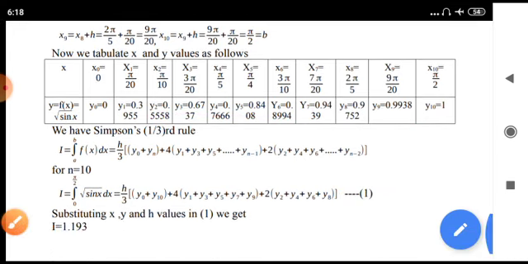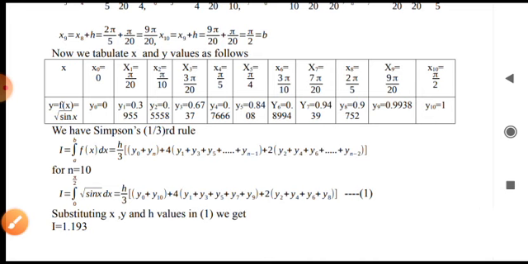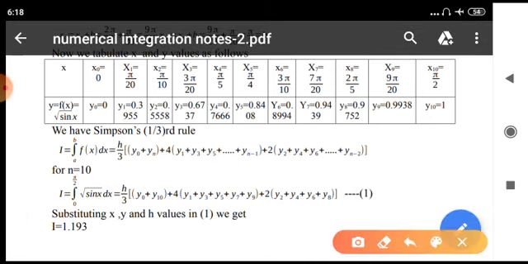Now we have Simpson's 1/3 rule. I equals h by 3 times y0 plus yn plus 4 times y1 plus y3 plus y5 etc. up to yn minus 1 plus 2 times y2 plus y4 plus y6 etc. up to yn minus 2.